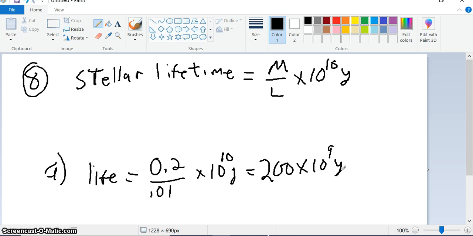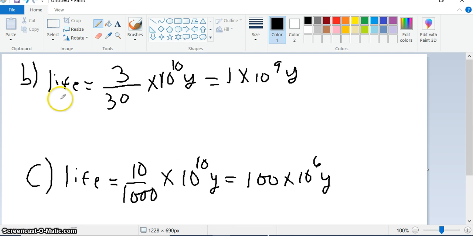All right, let's do the next one. For part B, they give us a star that has more mass, 3 times the mass of the sun, and a luminosity 30 times that of the sun.